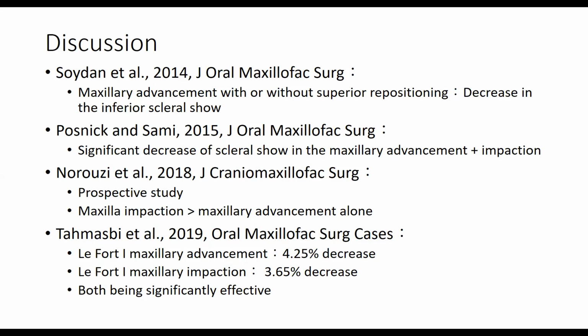Naruzzi et al. in 2018 showed maxillary impaction provides a greater reduction than maxillary advancement alone. And Tamasby et al. in 2019 showed a 4.25% decrease among maxillary advancement and a 3.65% decrease among maxillary impaction, with both being significantly effective.